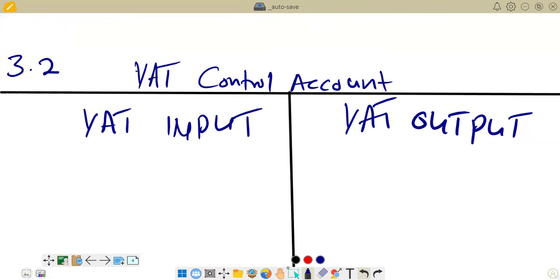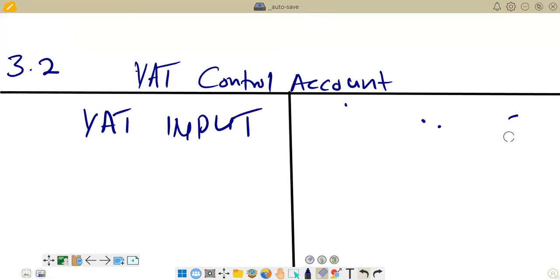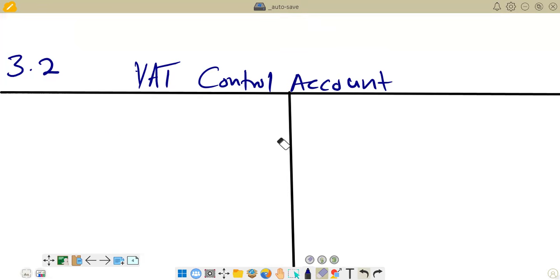Basically, we can also present it in the form of a formula, whereby we say VAT output minus VAT input. When it's positive, it means the answer that we get is a balance that is payable to SARS.